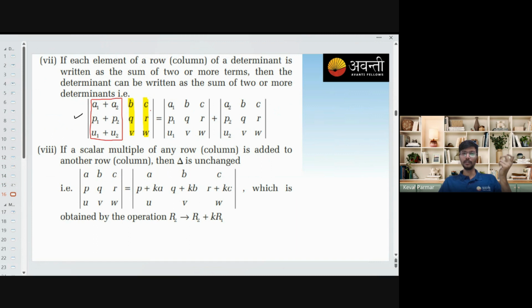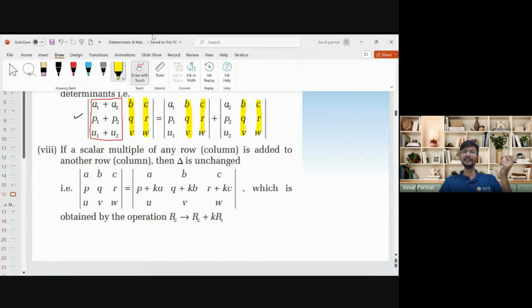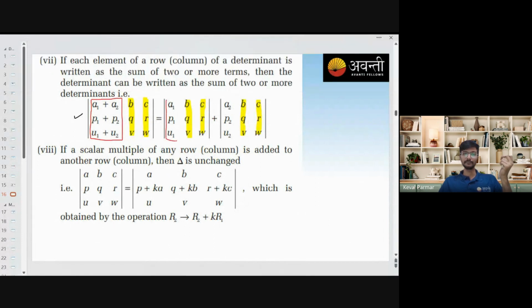The two columns which only had single elements remain the same, but the column which was the addition of two columns got separated. Now, using this property in reverse order is also valid.